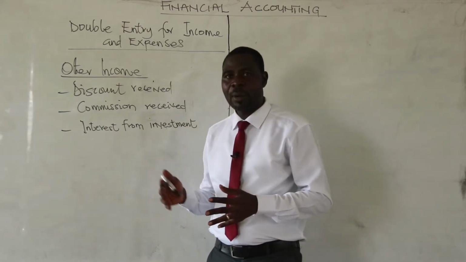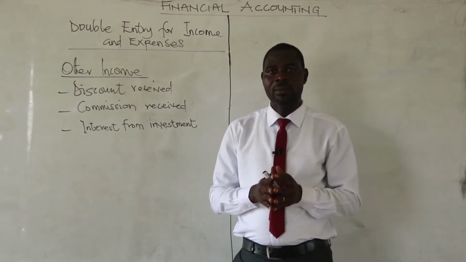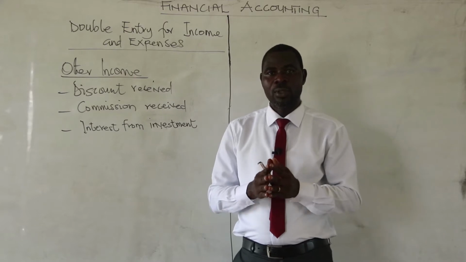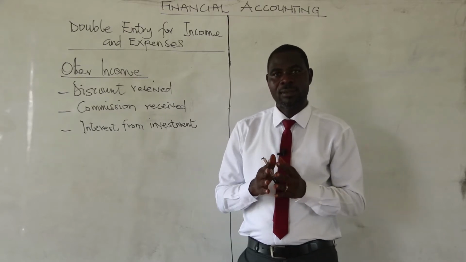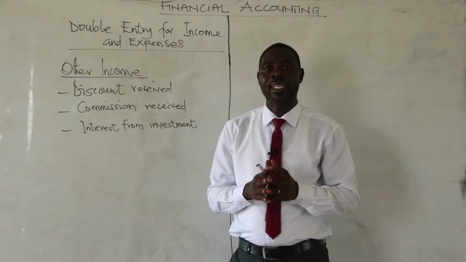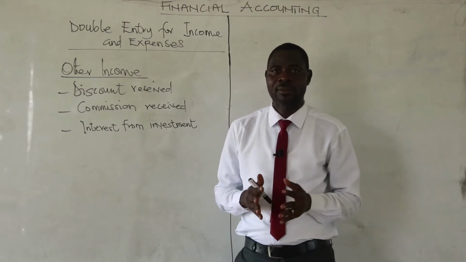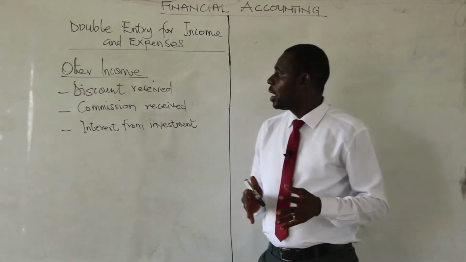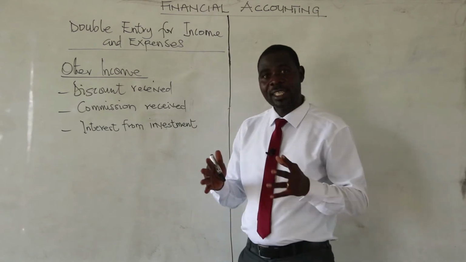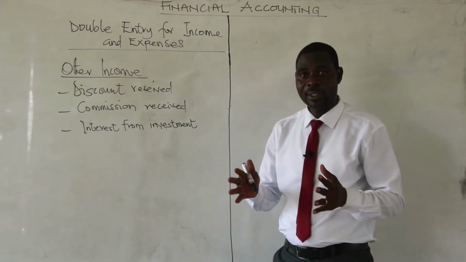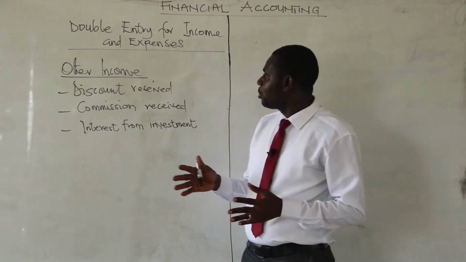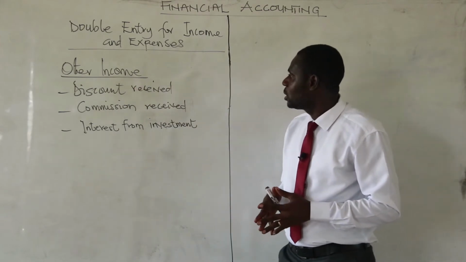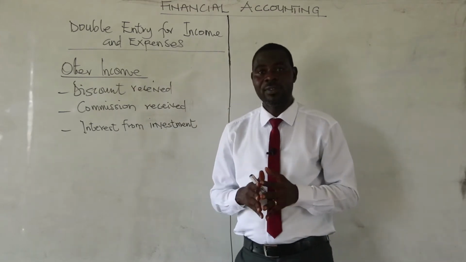So, when we talk about other income, we are referring to those subsidiary incomes that are earned by businesses. Now, they follow the same double entry principle as sales. Examples of such income include discount received.